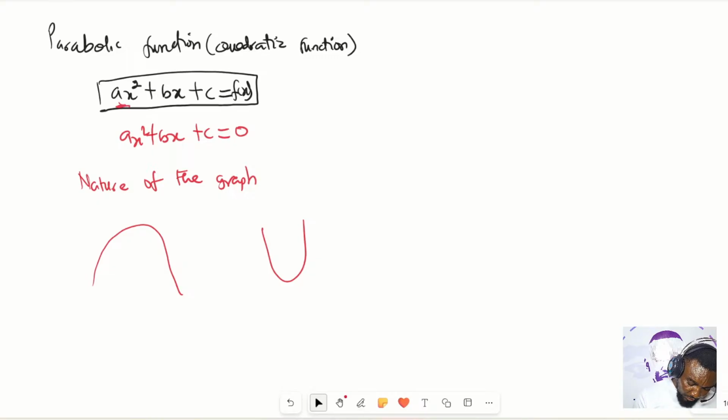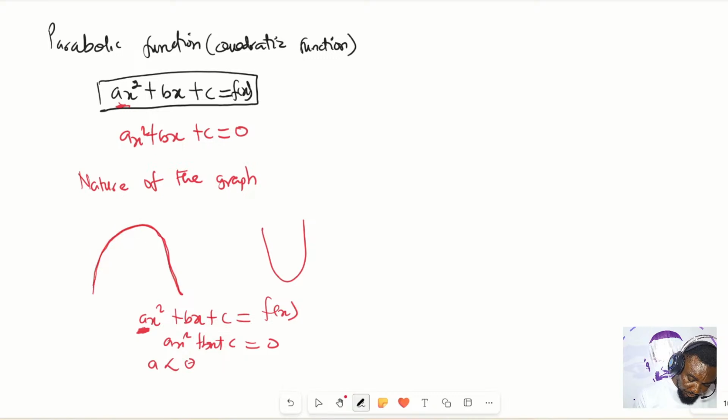So for ax squared plus bx plus c, let's say f of x, if the coefficient of the x squared, which is the a, is less than 0, then the graph of the function is like this. It's like the intersection sign, basically, or the downward part is open.